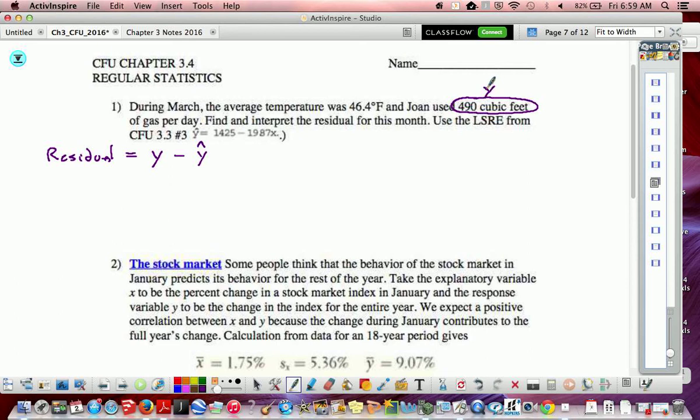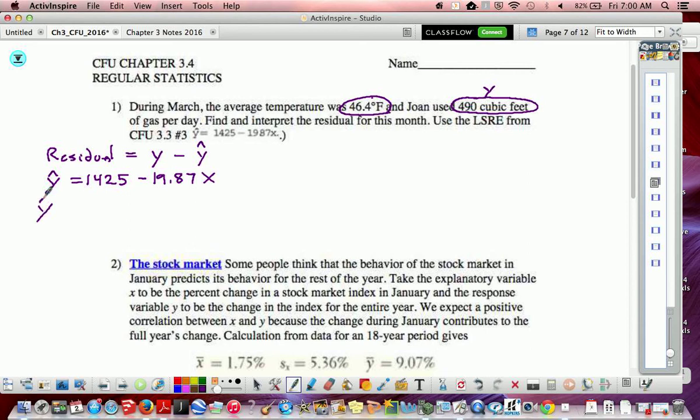In order to get the predicted y, we're going to use the equation y hat equals 1425 cubic feet minus 19.87x. What we need to do is find out what the prediction equation would predict the number of cubic feet of gas we would use when the temperature is 46.4 degrees.